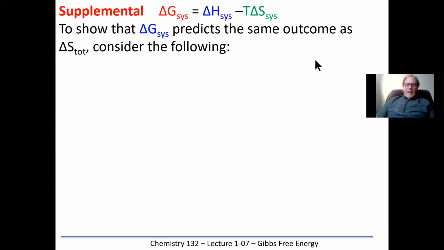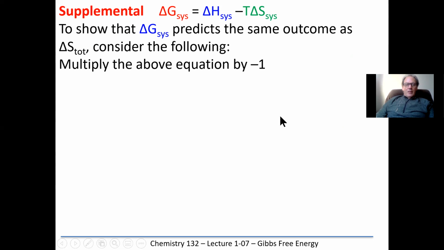So to show that delta G system predicts the same outcome, if you use the delta S calculation, it would reveal that delta S would be positive. So what if I take this equation now and multiply everything by -1?